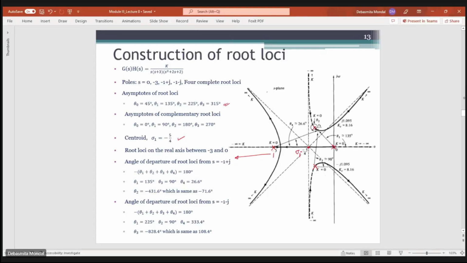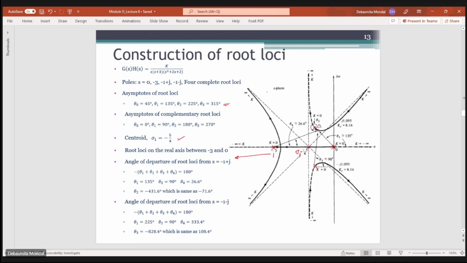So you have 4 phasors: one from this pole to here, another from this pole to here, this pole, and another from this pole. Let us say the angles of these phasors are theta 1, theta 2, theta 3 and theta 4. What we need to find out is the value of this theta 2 from S1.